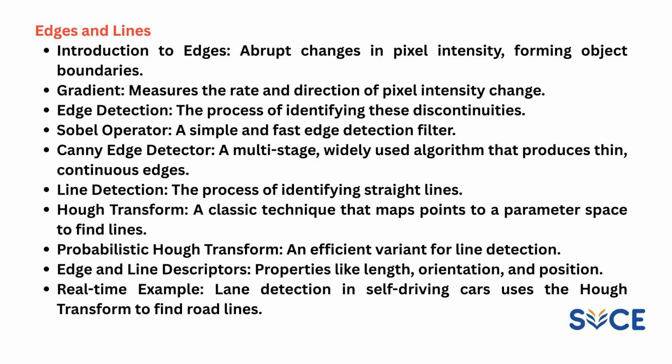It first blurs the image to reduce the noise, then finds the gradient, thins the edge down to 1 pixel wide, and finally connects the broken edge segments. This gives us a clean, continuous outline of the object.